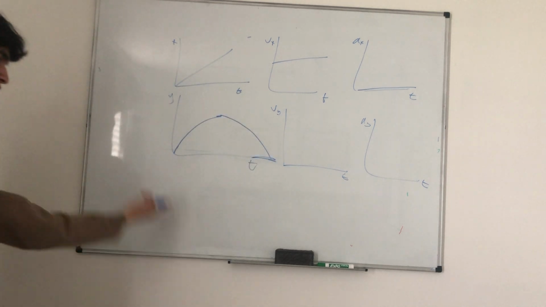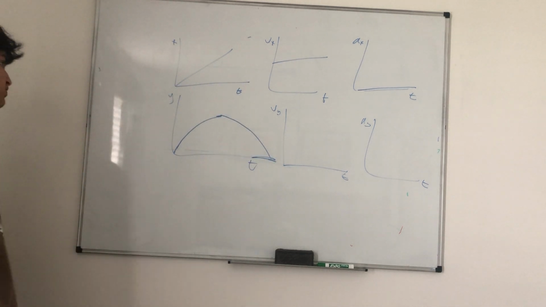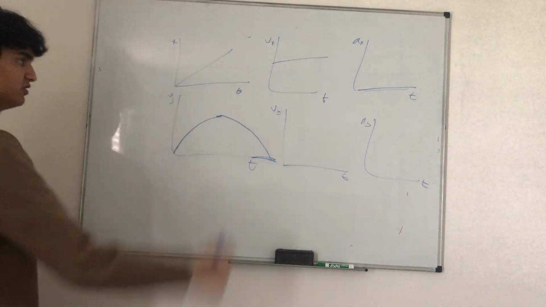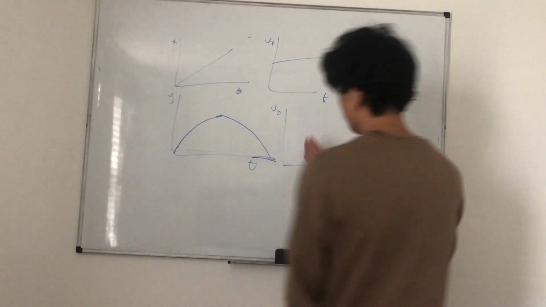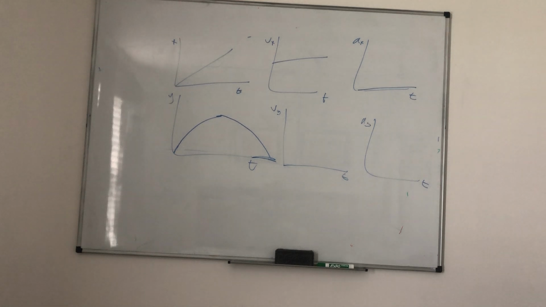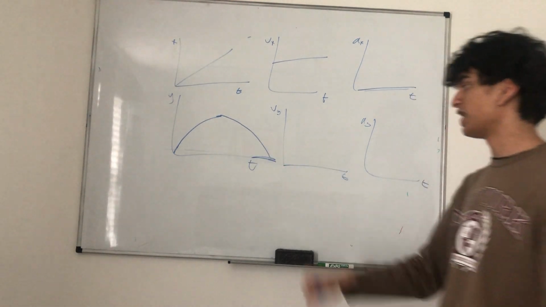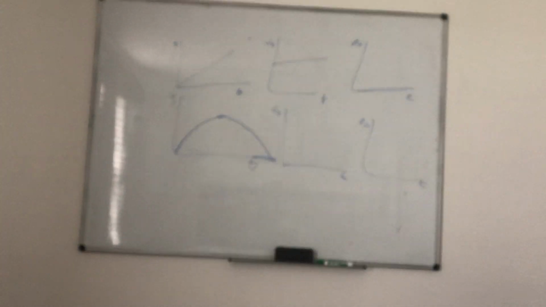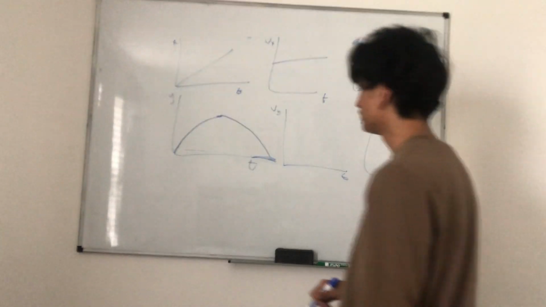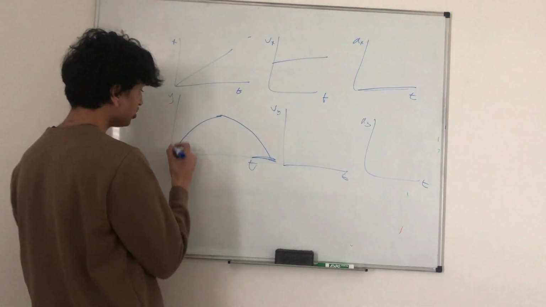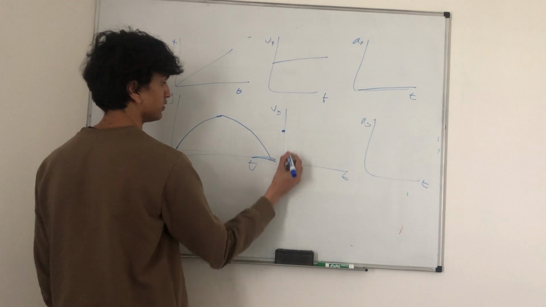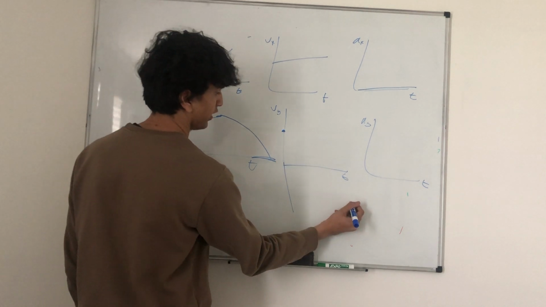Hey, this kind of looks like the path it made, and if you're in pre-calc honors, you can probably use parametrics to figure that out. That's how y versus time would look: it reaches its max height and then comes back down. For Vy versus time, initially the velocity is upwards, and then it's going to be negative.